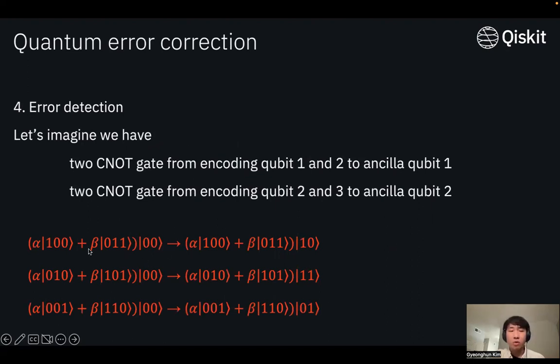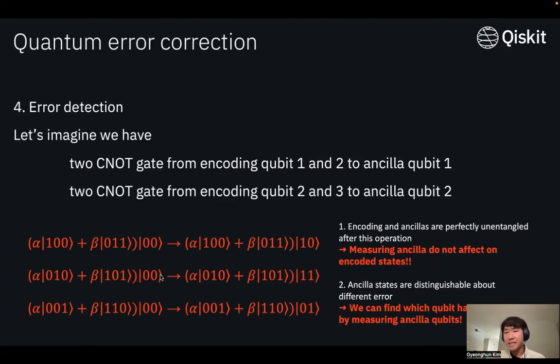The first row is about the case where we have a single bit flip error on the first qubit, the second row is about a single bit flip error on the second qubit, and the last row is about a single bit flip error on the third qubit. There are 2 noticeable points in this result.